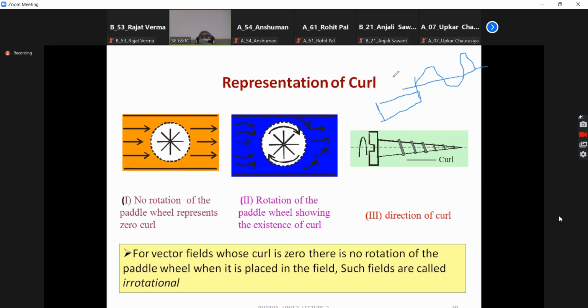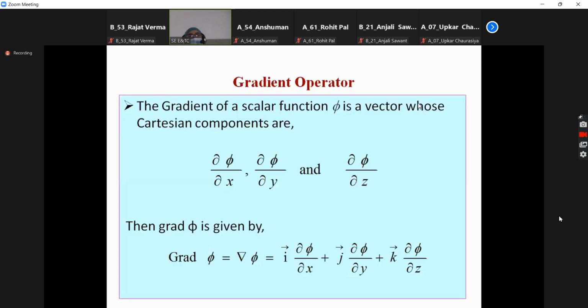Okay, and the last term in this particular topic is gradient. Gradient is a function of a scalar. Gradient is a multiplication of del with a scalar value.